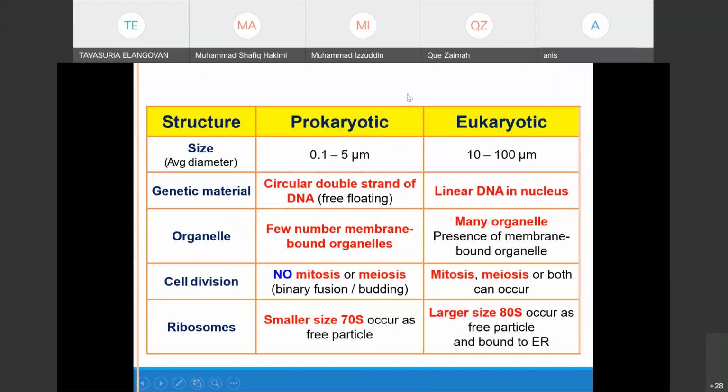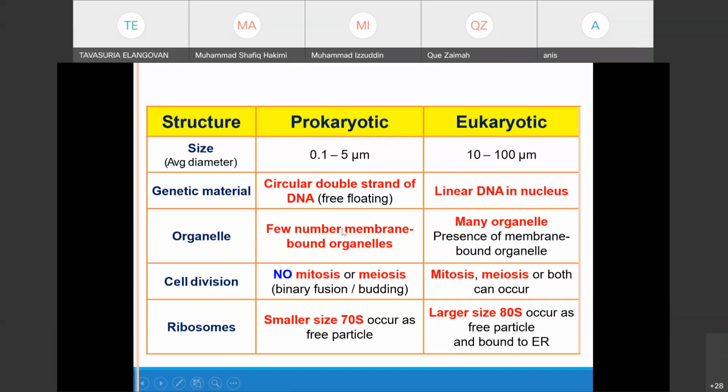Okay. So generally a prokaryotic cell is smaller than a eukaryotic cell. Even Campbell mentions the prokaryotic cell size ranges from 0.1 to 5 micrometers, or 1 to 10 micrometers. Then the genetic material, which I explained in the previous slide: circular in prokaryotes, linear DNA in eukaryotes.